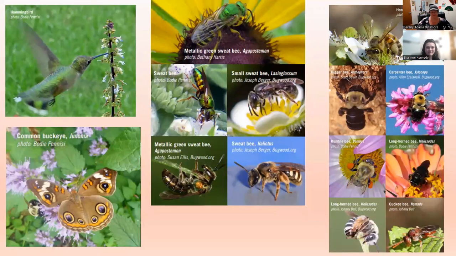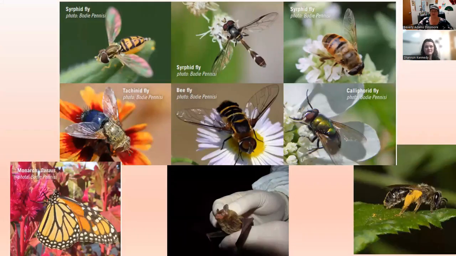Some more of our pollinators: birds, especially hummingbirds, sweat bees, and other bees like carpenter bees, bumblebees, and honeybees. And then here are even more, even the tiniest of pollinators make a big difference. We have flies, as well as butterflies, and even bats are pollinators. And even ants and slugs can act as pollinators.